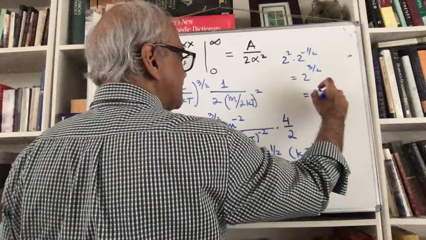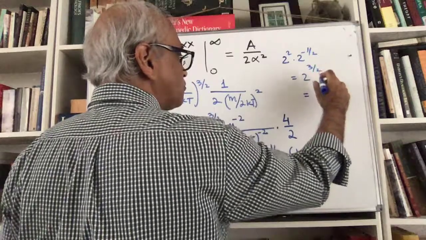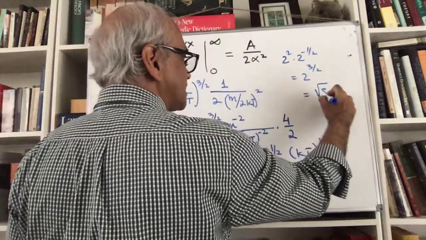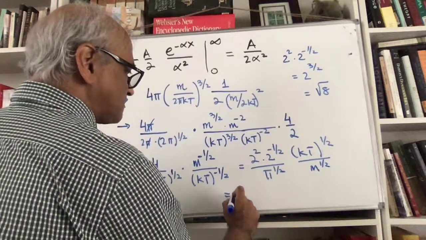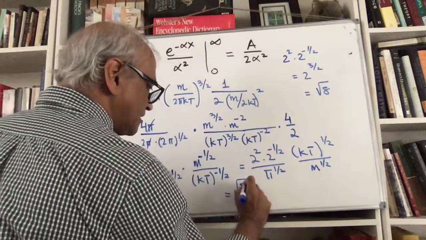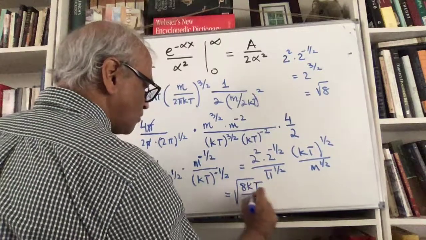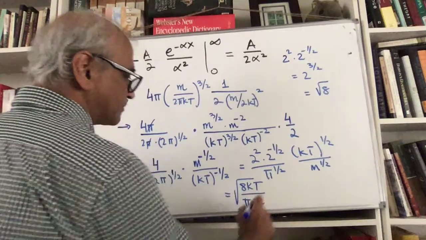So really speaking, this would be 2 to the power cube, which is 8. So that gives you root 8. So this answer in the end comes out to be 8 kt over pi m.